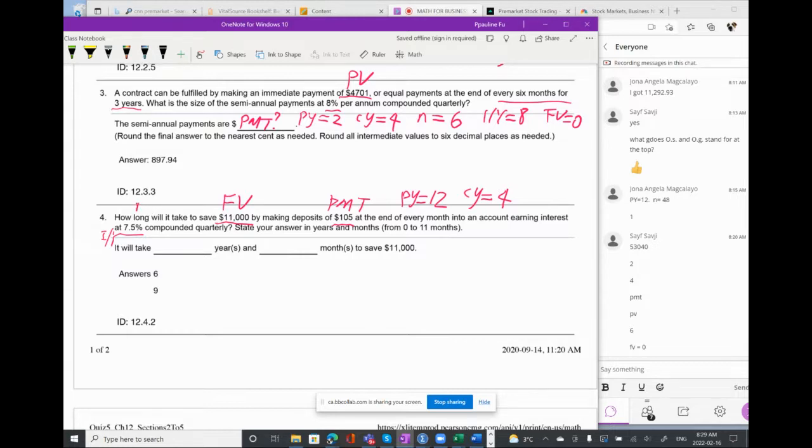We are asked for term N. We need 4 numbers, but we are only given 3 numbers here. We are given FV, PMT, IY.